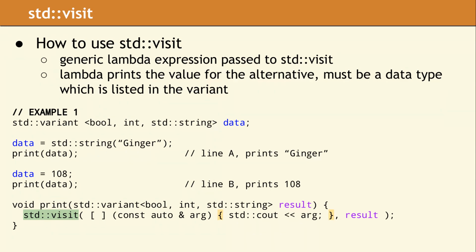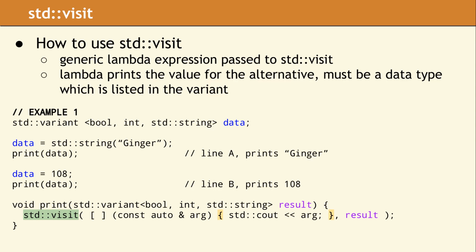Either way works just fine. In the body of print is where we make the call to std::visit. The first parameter to std::visit is a generic lambda expression, and the second parameter is the variant, which was received in the variable result.